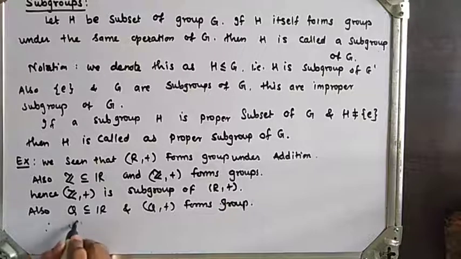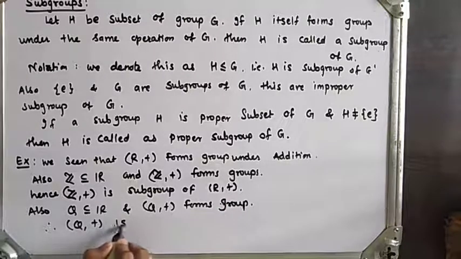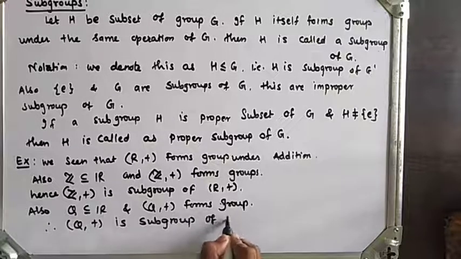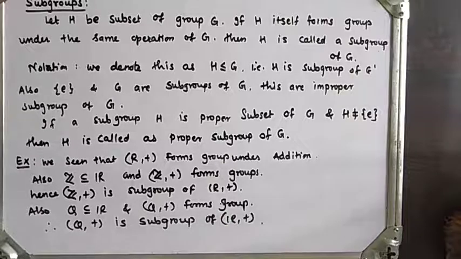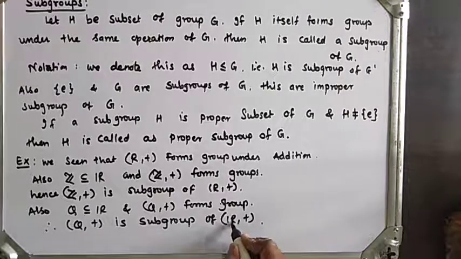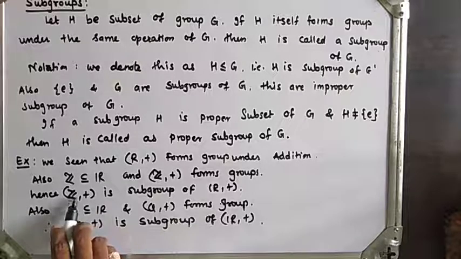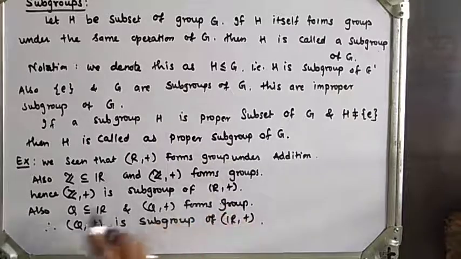Therefore we say that Q under addition is a subgroup of R under addition, because Q under addition satisfies all the properties of a group: closure, associativity, existence of identity, and existence of inverse. Also Z under addition satisfies all the properties of a group and is a subset of R, which means it is a subgroup of R under addition.